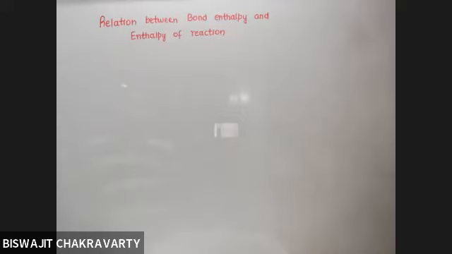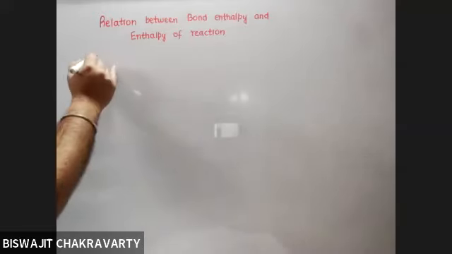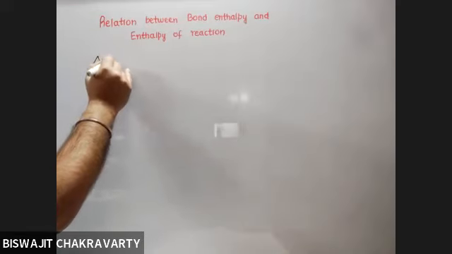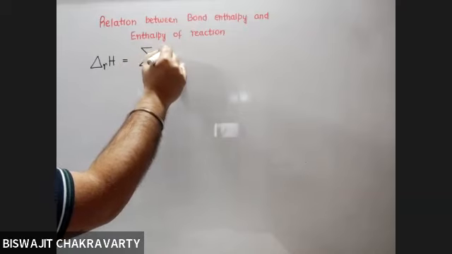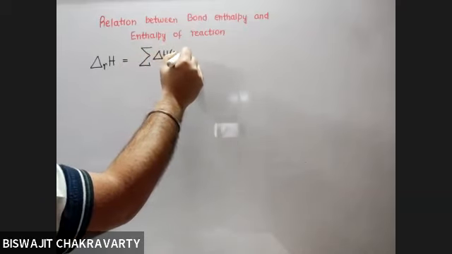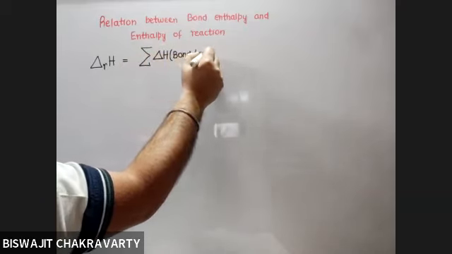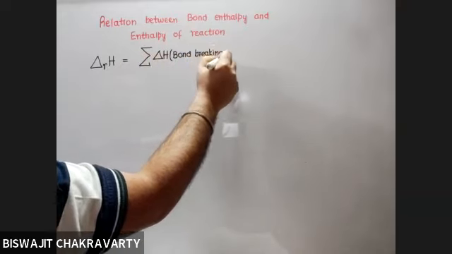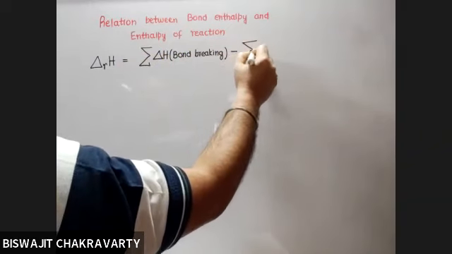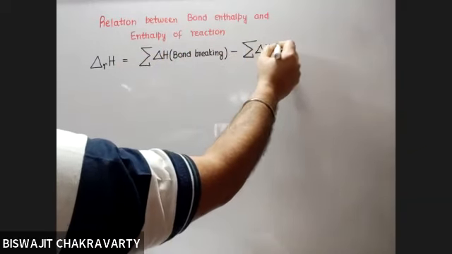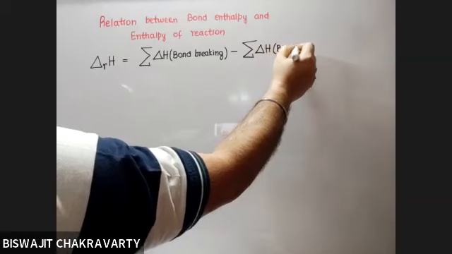Similarly, during a chemical reaction, which comprises bond breaking and bond making, the net resultant will be the enthalpy of reaction. So enthalpy of reaction will be summation of delta H of bond breaking, first, how much energy is required to break older bonds, minus summation of delta H of bond formation.